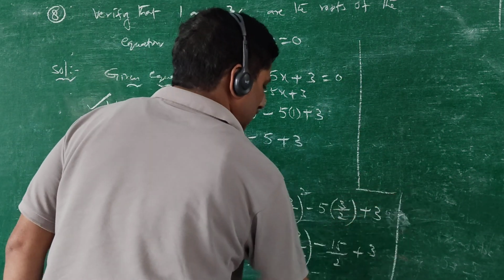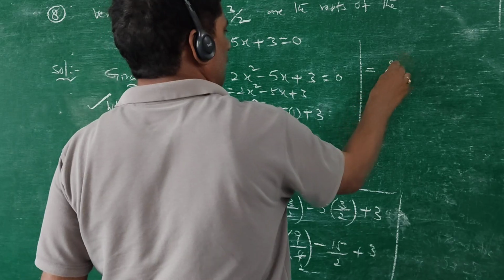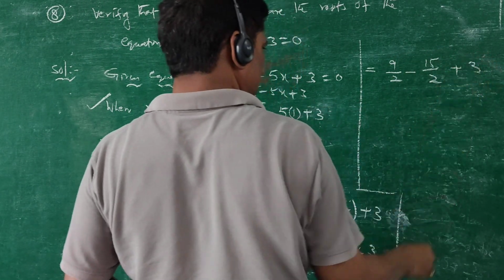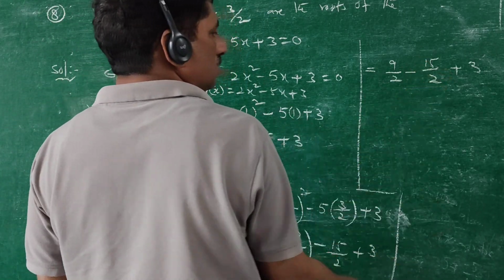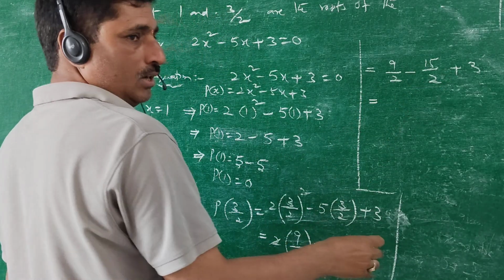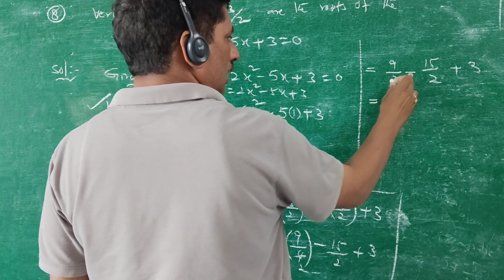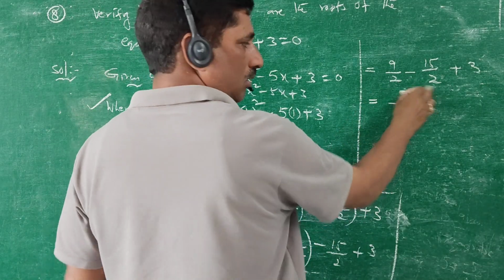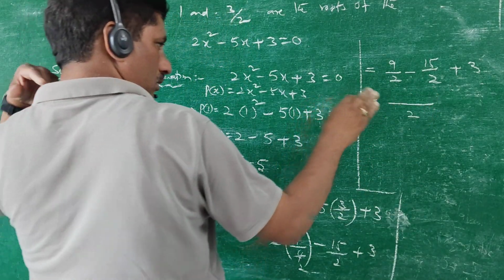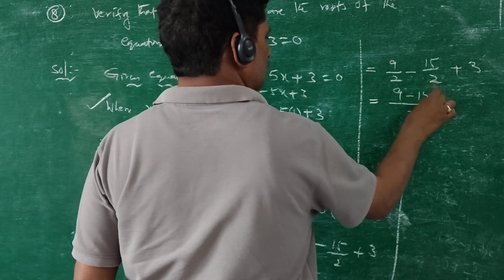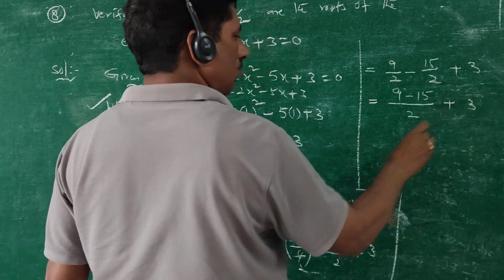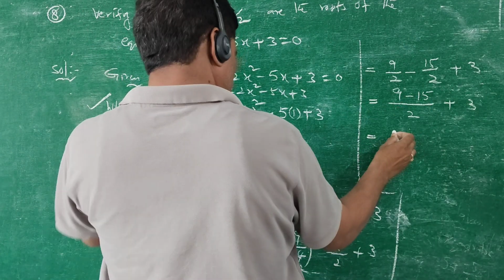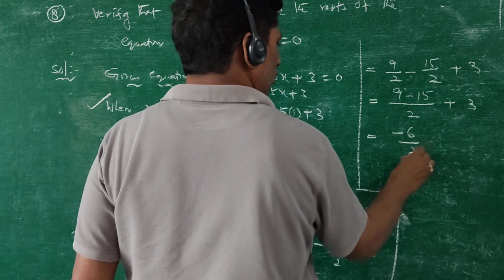Finally we get 9 by 2 minus 15 by 2 plus 3. The fractions have the same denominator, the LCM of 2 and 2 is 2 itself, so keep the numerators as they are: 9 minus 15 is minus 6 by 2, plus 3.